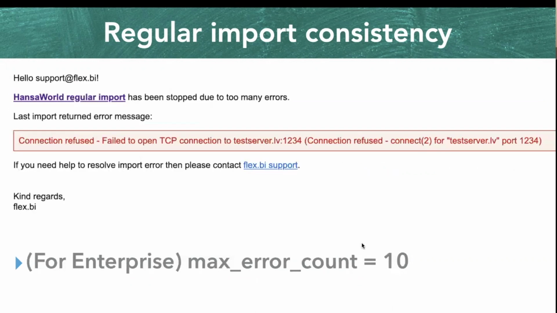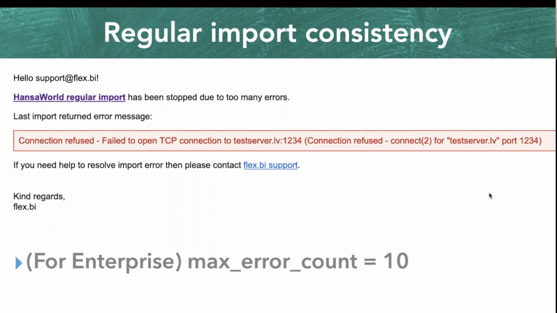There was another, a little bit different error that we made customizable specifically for enterprise users, because this is a server level configuration. Sometimes the Hansa servers have, for example, maintenances happening during the night, and those maintenances can be very long.